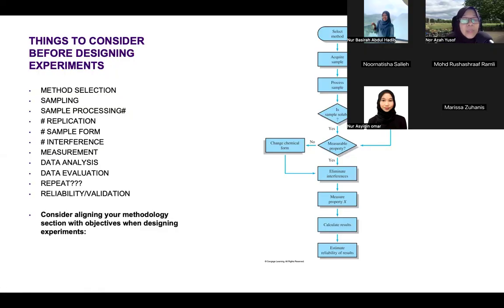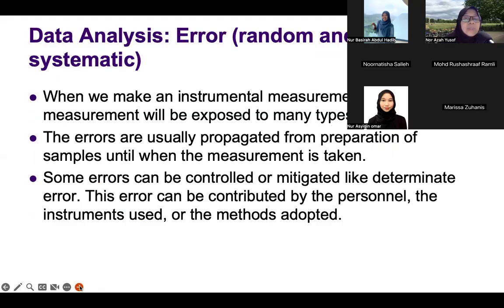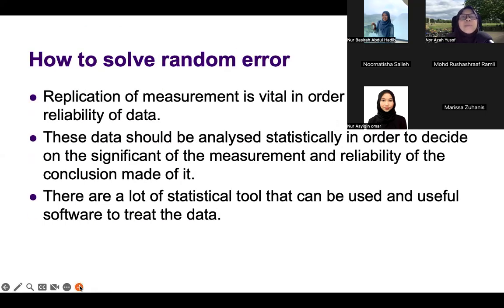But in order to get a very reliable conclusion, we have to be ethical. If the data is not good, repeat and do the measurement again. If the data seems good, you have to do data treatment, which is the statistics.